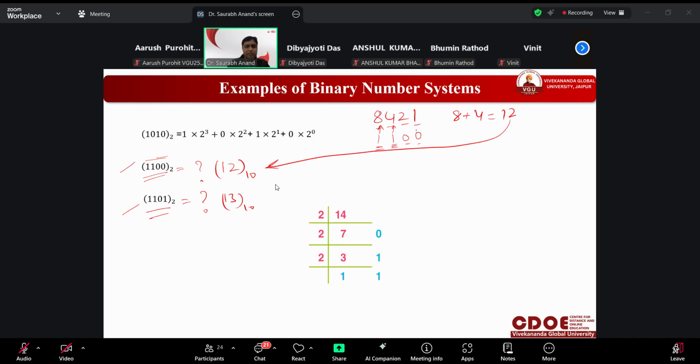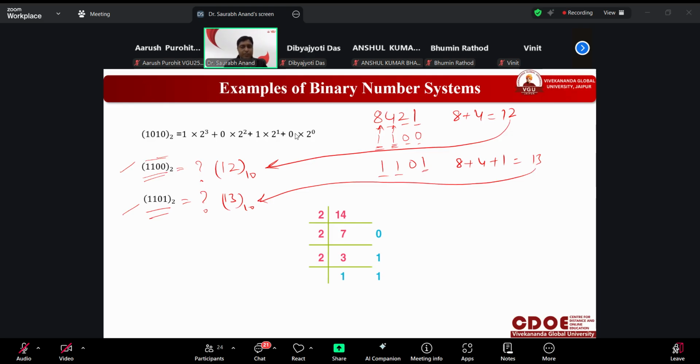Got it? The second question was 1101. This was 12 and this one will also be added, so 8 plus 4 plus 1 is 13.